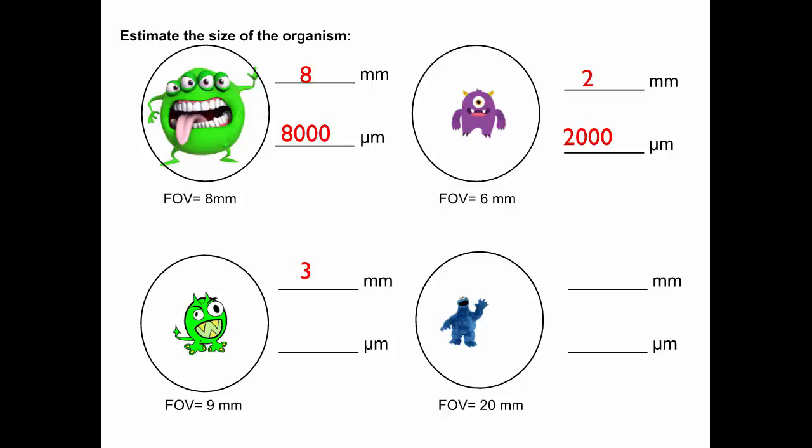Yeah, maybe, if you're not including the tail. What about Cookie Monster? 5. About 5. Probably fit 4 of him across. He's 1/4 the field of view. 1/4 of 20 is 5, or 5,000 micrometers.